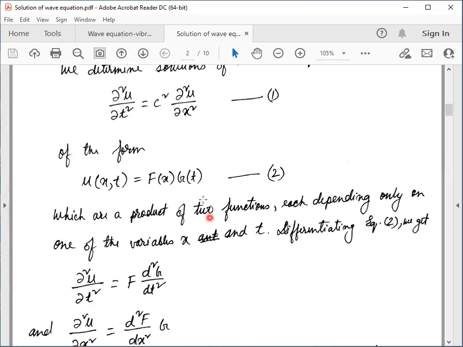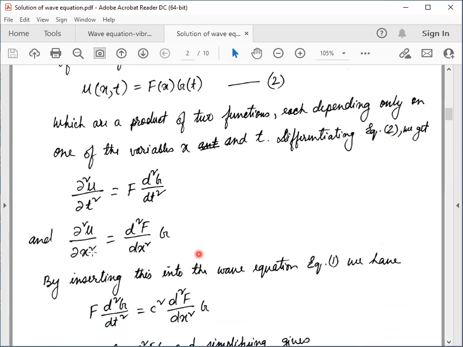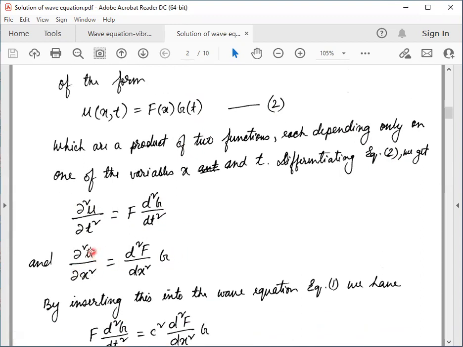So differentiating equation number 2, we get the second order partial derivative of u with respect to time as f times the second order ordinary derivative of g with respect to time, and similarly the second order partial derivative of u with respect to x will be the second order ordinary derivative of f with respect to x times g.